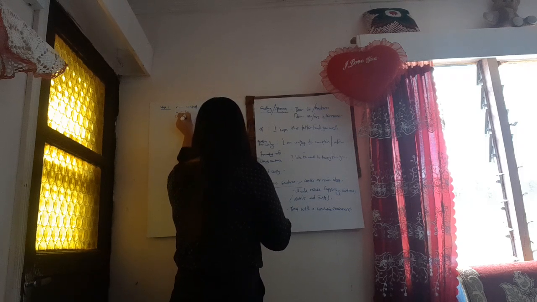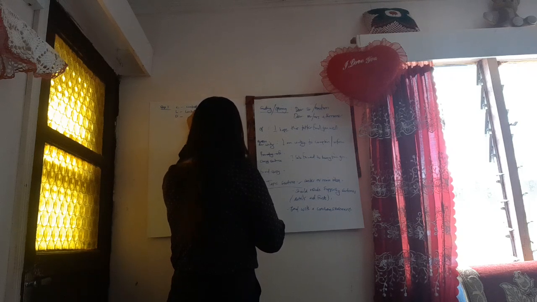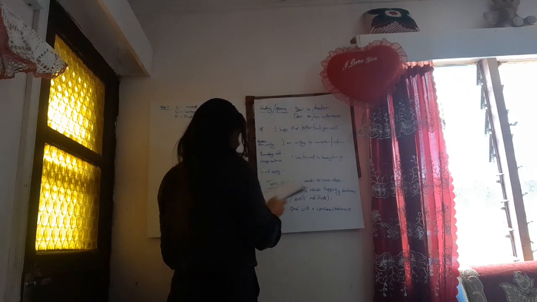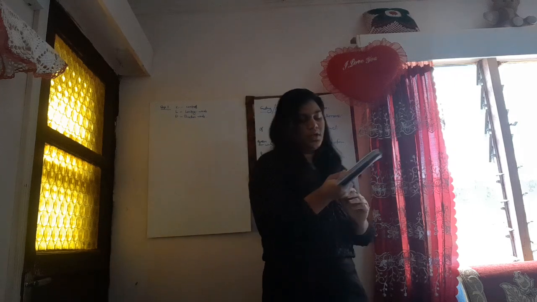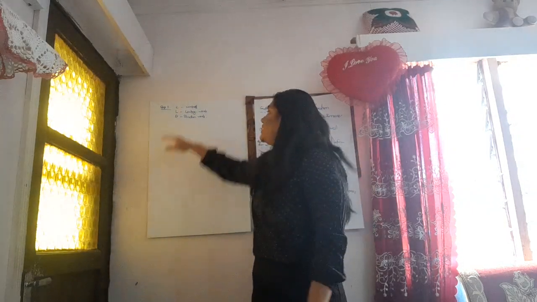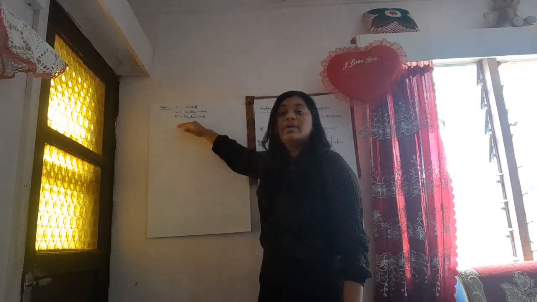L stands for limiting words. And D stands for direction words. Use CLD to determine the essay type. This will help you to determine your essay type.